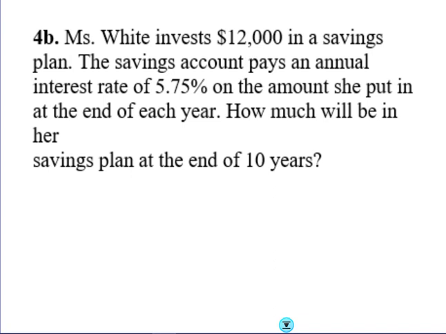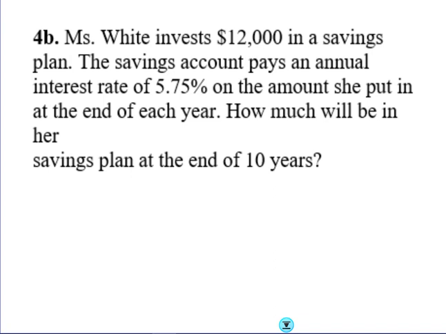So in 4B, Ms. White this time invests $12,000 into the savings plan. The savings account pays an annual interest rate of still 5.75% on the amount she put in at the end of each year. How much will be in her savings plan at the end of 10 years again? So this is the same process. Set it up the same way we did last time.